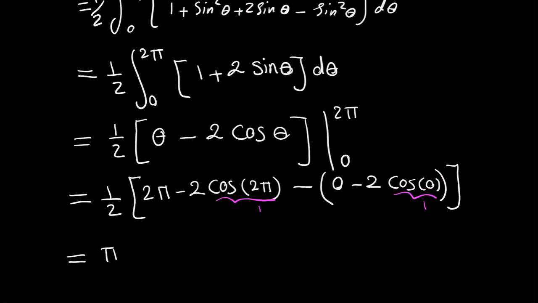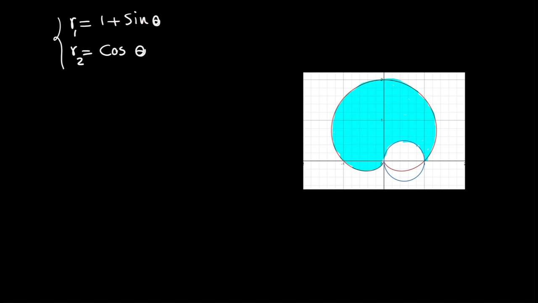The next example, again, we have two polar curves: 1 plus sine of theta, or r1, that is a cardioid, symmetric with respect to the y-axis because it's 1 plus sine, and r2 is cosine of theta, again because the coefficient of cosine is 1.